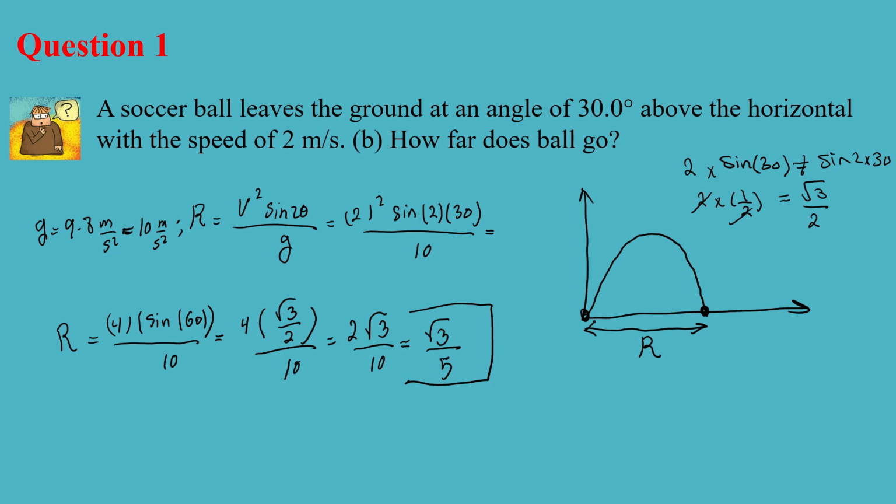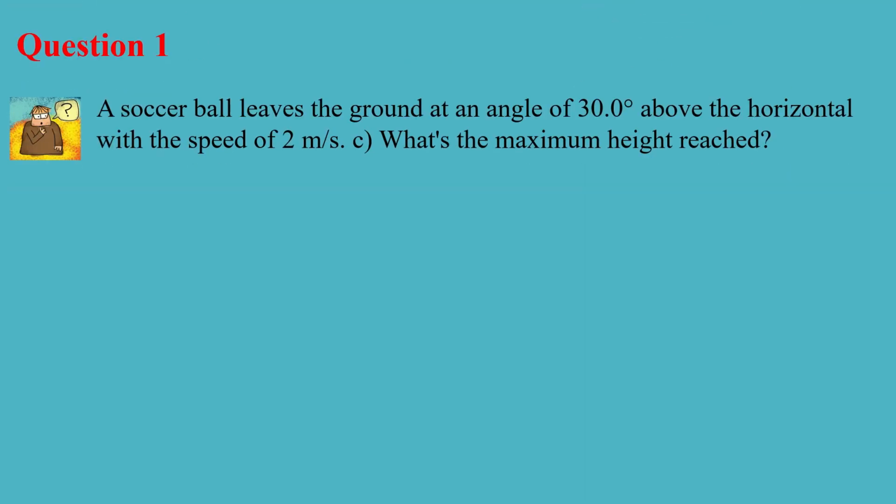Now let's look at the last part. Here I need to find the maximum height. The maximum height for this problem is going to be here. So this is my particle, and right here is my maximum, which I usually call h.